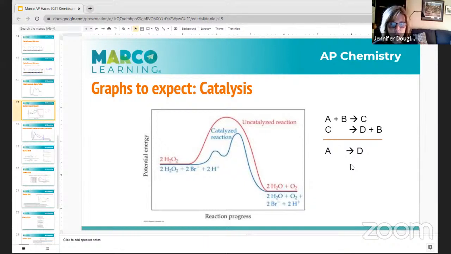But if they ask you to show the effect of a catalyst on an energy profile, then what you have to do is make sure that your reactants start at the same place, that your products end at the same place, and that the only thing that you're doing is you're bringing down that activation energy, because catalysts don't affect the reactants energy or the products energy. They just lower that activation energy. So if they ask you to sketch it in, just sketch in something with a lower hill, a lower activation energy to get you there. Okay.